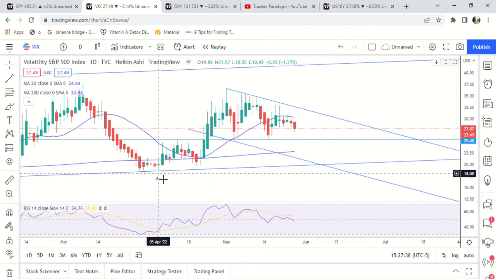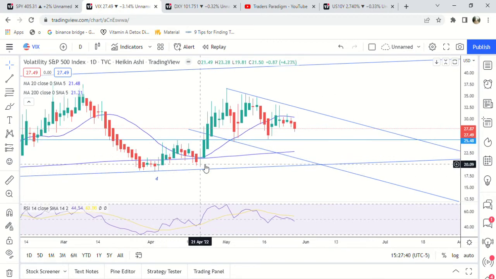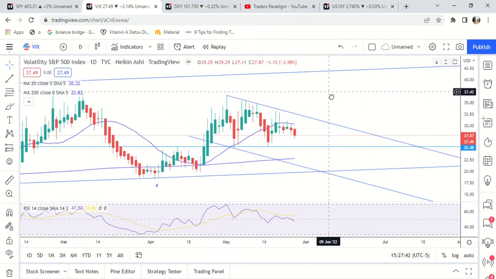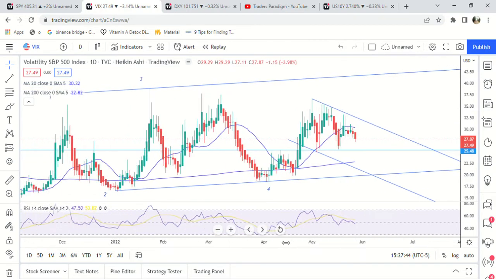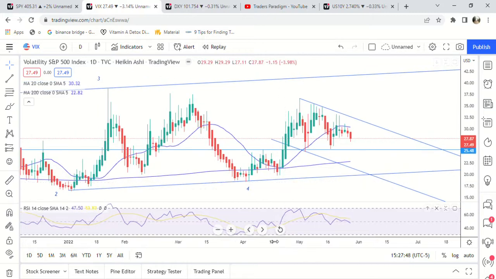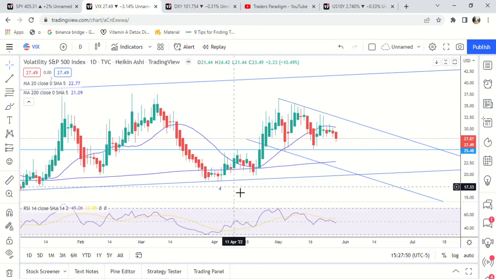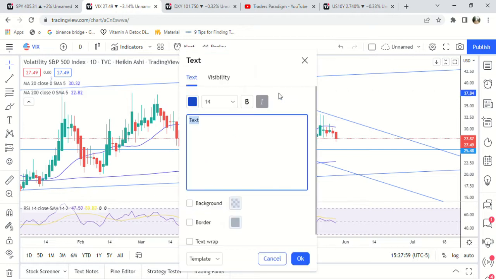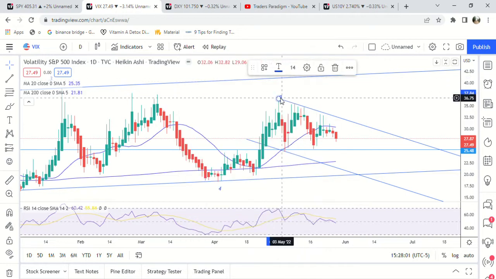Same thing, we have A, B, C, and for some reason the VIX is not moving in a typical 5-wave Elliott wave pattern, but I'm just rolling with it. They're basically all ABC patterns. We have A, B, C, and I'm just going to put an A here for now.